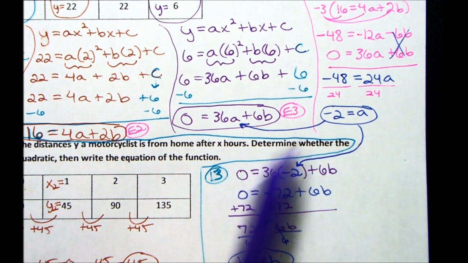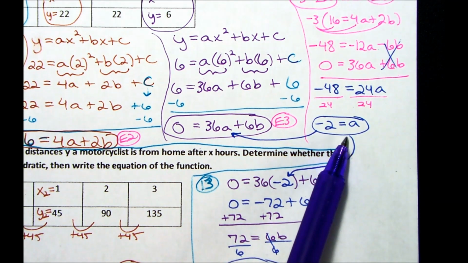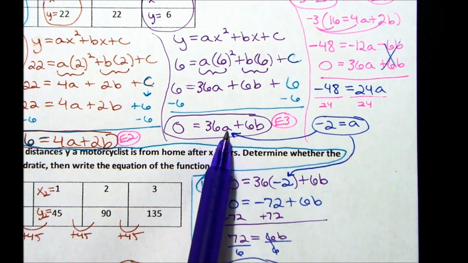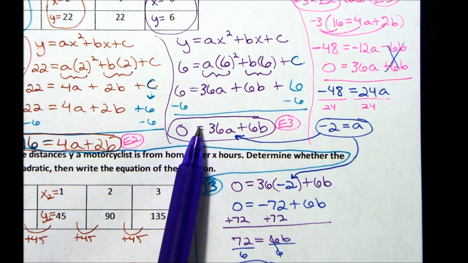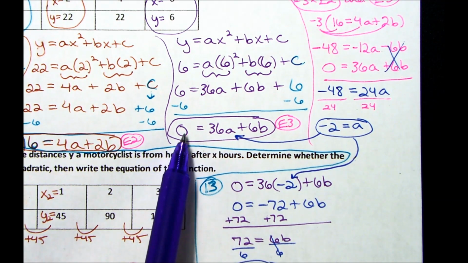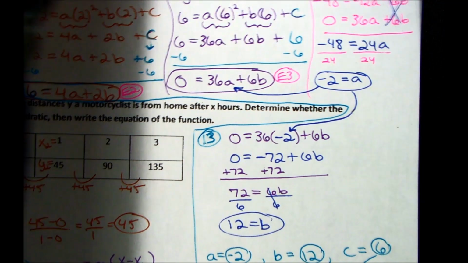The last variable that we have to find is b. So I'm going to take that negative 2 and substitute it back into this equation. It really doesn't matter whether you use equation 2 or 3. I just chose equation 3. So I rewrote this equation 3, so this is still down here, part of the same problem.